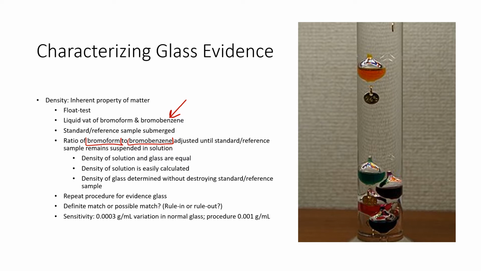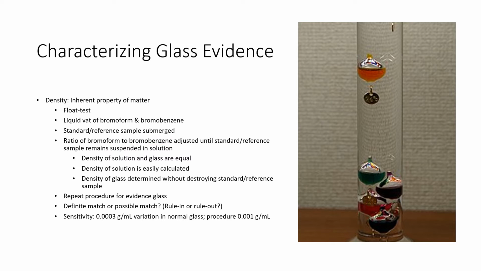So if you have a known amount of one chemical here and a known amount of the other chemical here, and your piece of evidence can float in the middle, you know that its density is going to be somewhere between them, and you can calculate its refractive index that way.